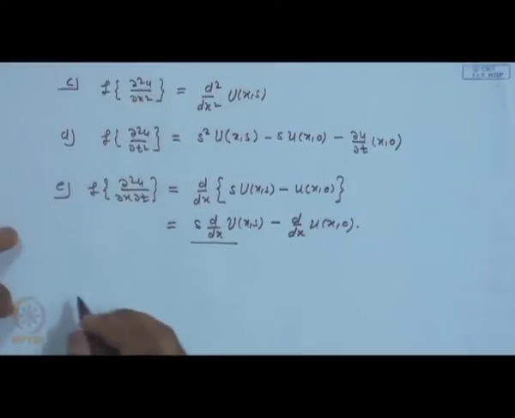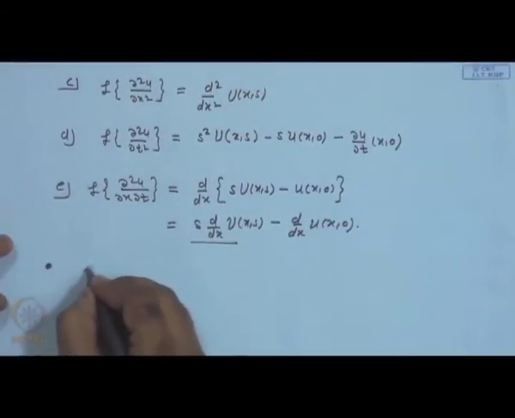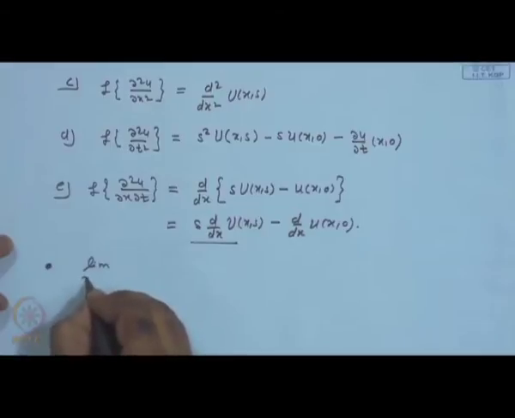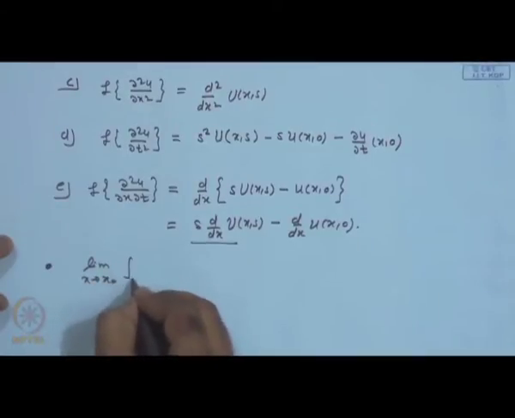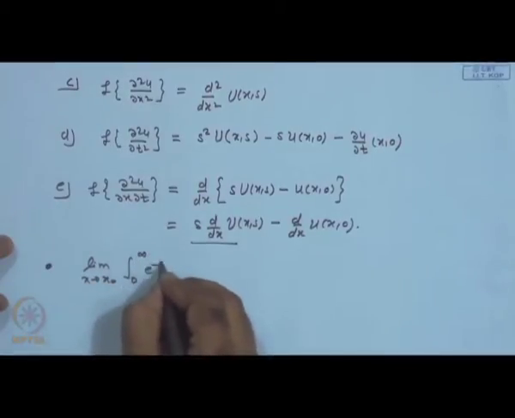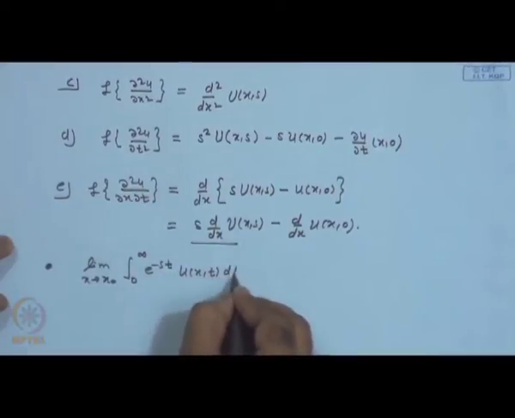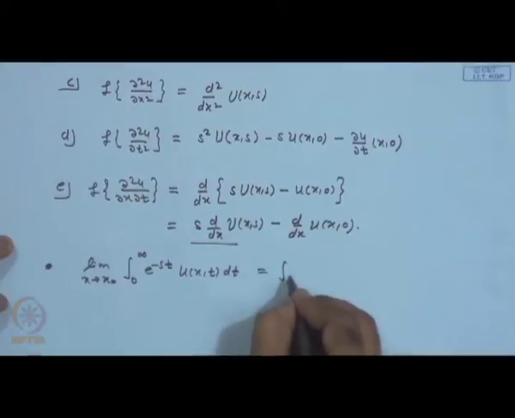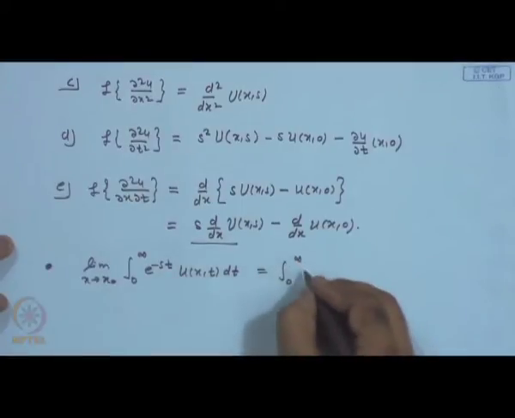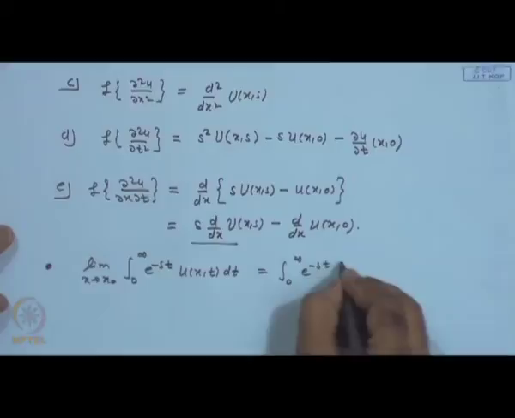We need one more assumption. That assumption is that, for the limit x tending to x0 and the Laplace transform of u(x,t) dt, we can take the limit inside the integral.